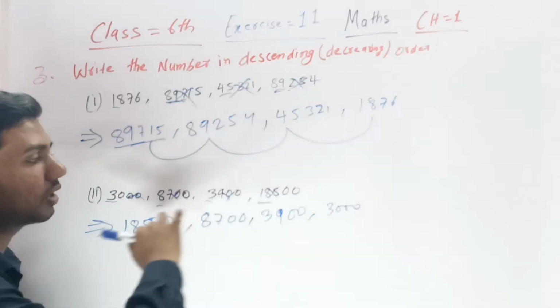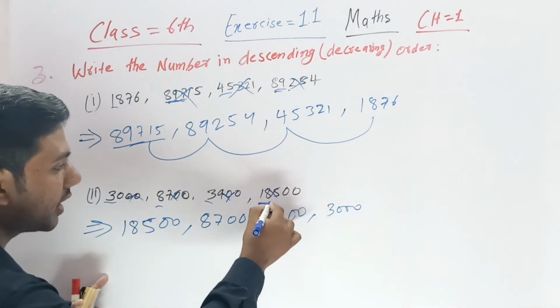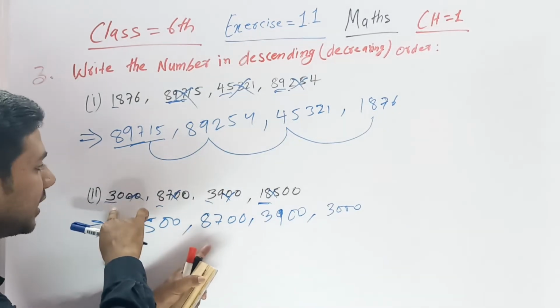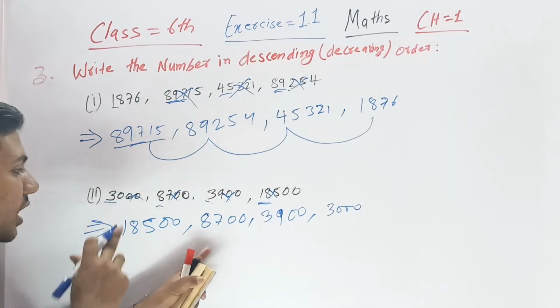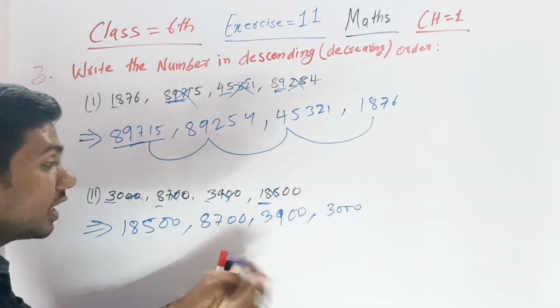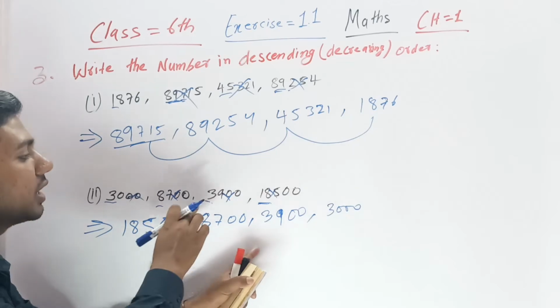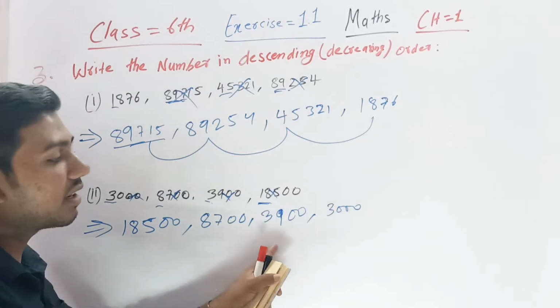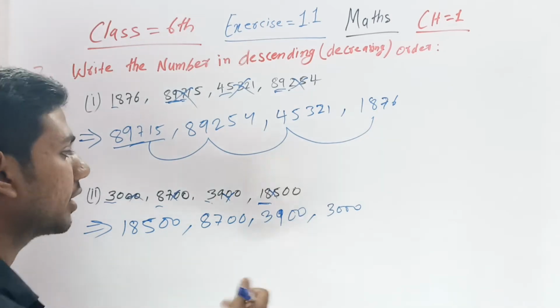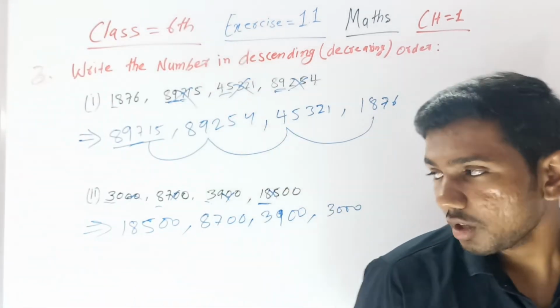It's our number system, which is greater? 18,000 is greater if you see here. Then after 18,000, 3,000, 3,000, 8,000, which is greater? 8,000 is greater. In this 3,000, 3,000, both are the same, but which 100 is greater? This is 3,000 only, but this is 3,900. So here it will be. Then after, 3,000 is left. Good, this is our answer.